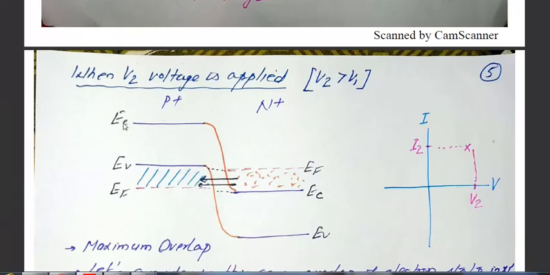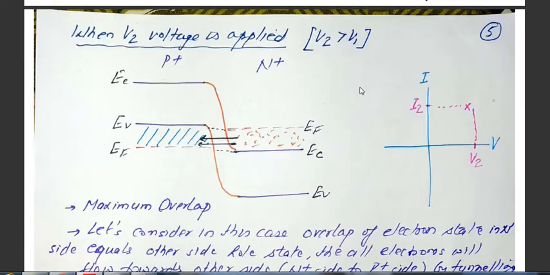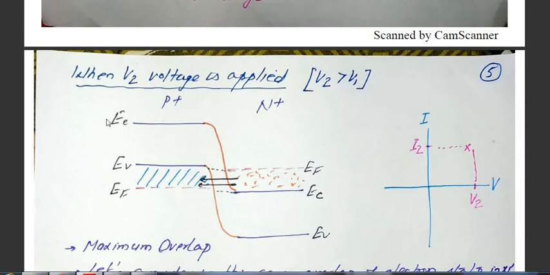Now this is the energy gap diagram when we have applied V2 voltage, and the condition is that this V2 voltage is higher as compared to the initially applied voltage V1. We can see from this energy band diagram that this is the P plus side, this is the N plus side, these are the corresponding conduction and valence bands of the P side, these are the conduction and valence bands for the N plus side, and these are the Fermi levels.